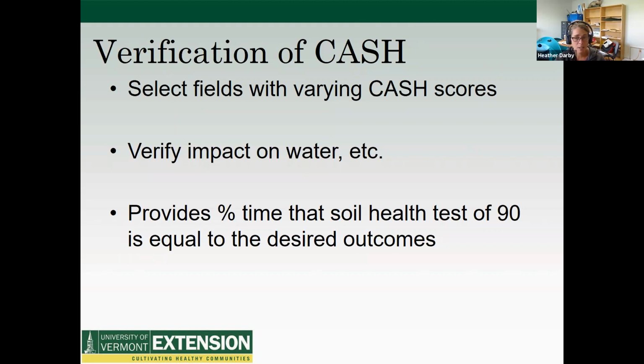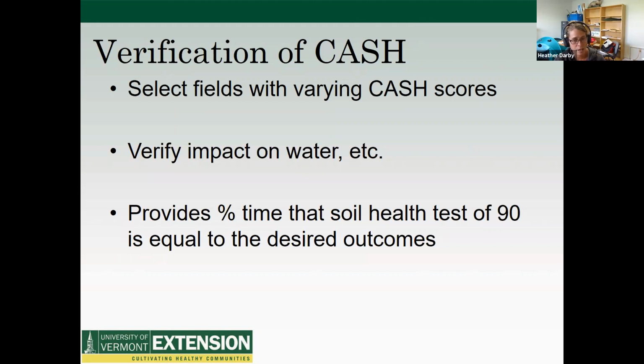And through that, we have to draw a line in the sand, basically, because obviously there are going to be cases where we have a soil health test score of 90, but we're not achieving the desired outcomes 100% of the time.